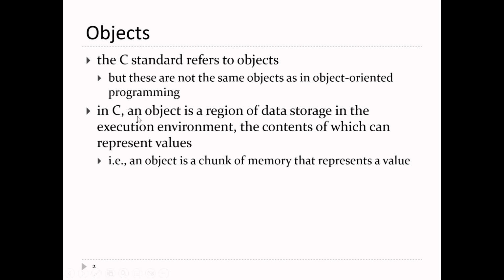In C, an object is just some chunk of data. It's a region of data storage, the contents of which can represent values. In other words, when C says objects, it means some chunk of memory that represents a value. That's all it means. It's not like a Java object.